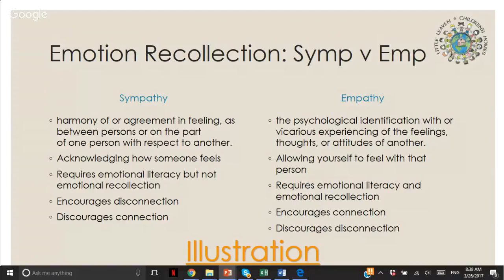Okay, now sympathy encourages disconnection and discourages connection, because you may acknowledge that they feel a certain way, but you're not allowing yourself to feel that with them. So when you allow yourself to feel that with them, you actually build a stronger connection with them.